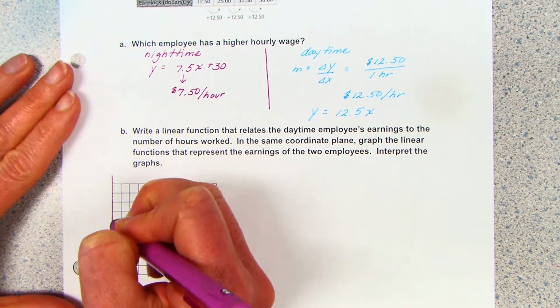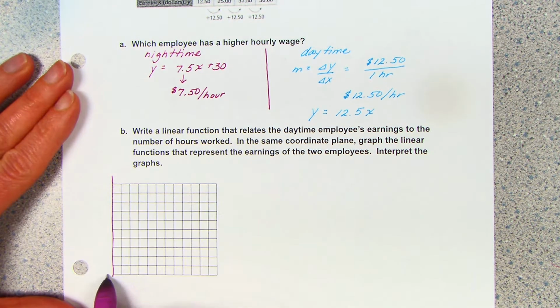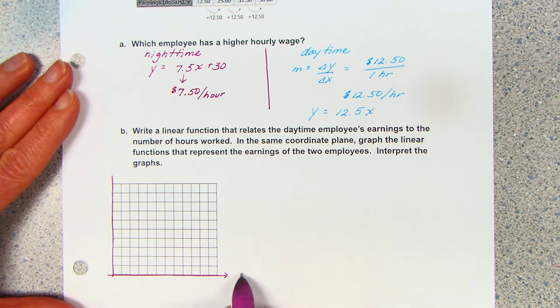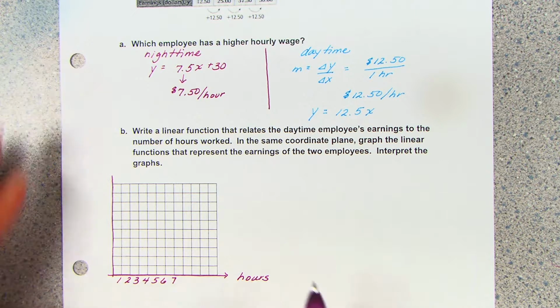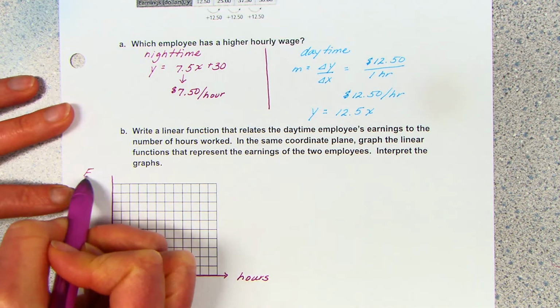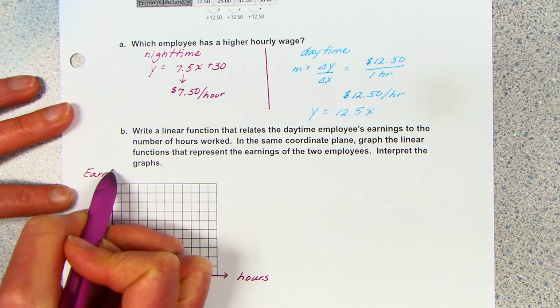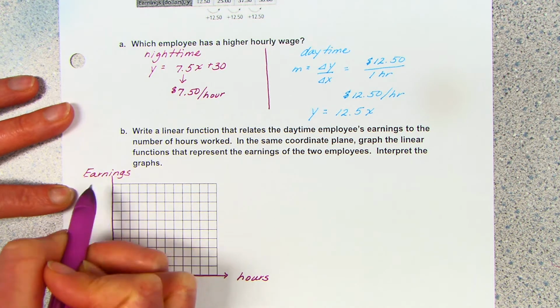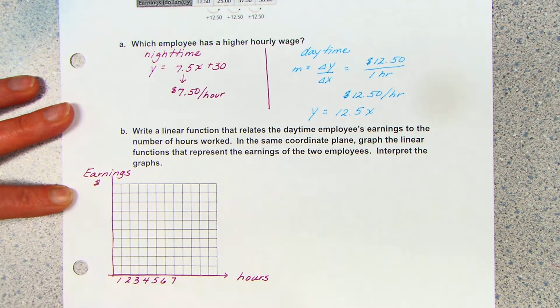Okay, let's do the nighttime employee first. Let's draw our graph. So we're going to put hours on the x-axis and count by ones. And we'll put earnings on the y-axis in dollars and count by 15s.